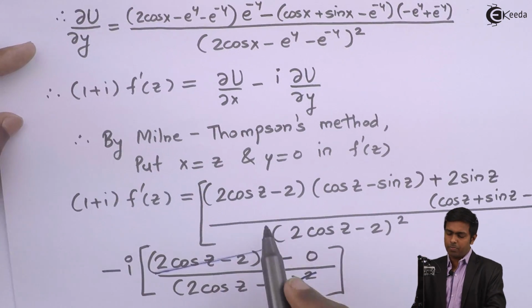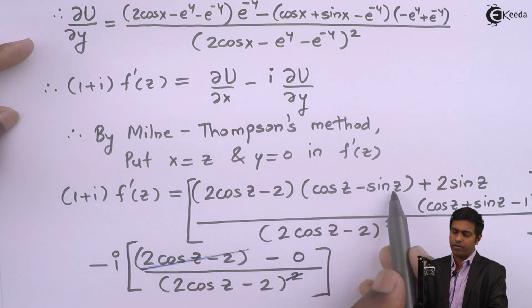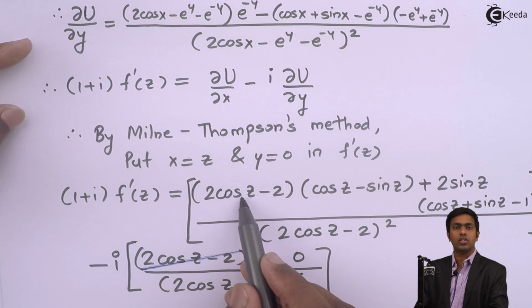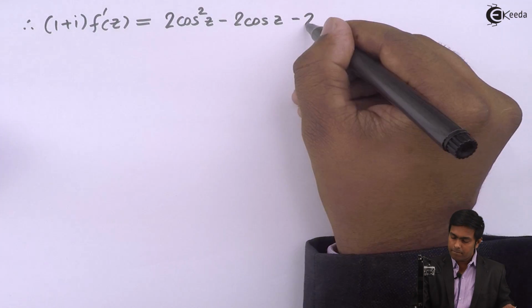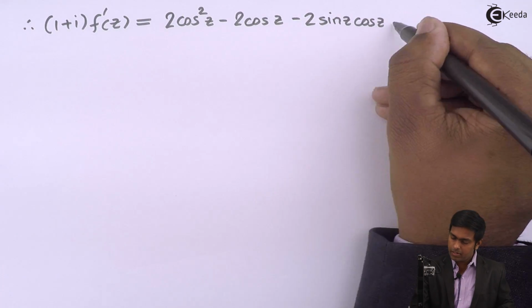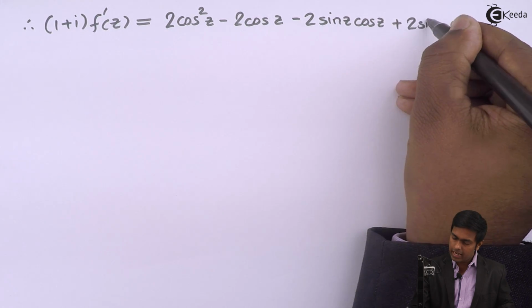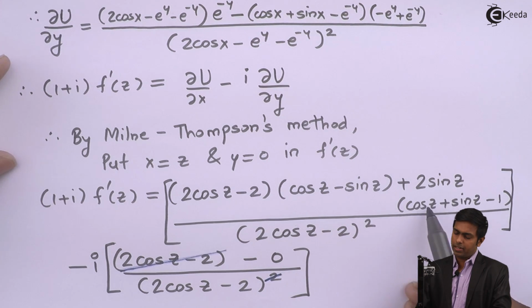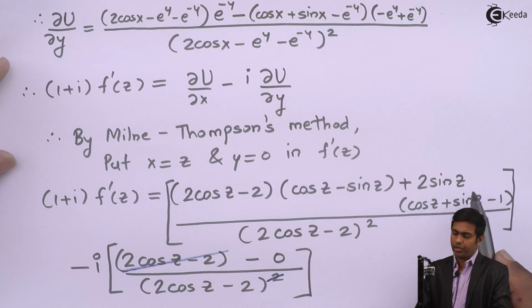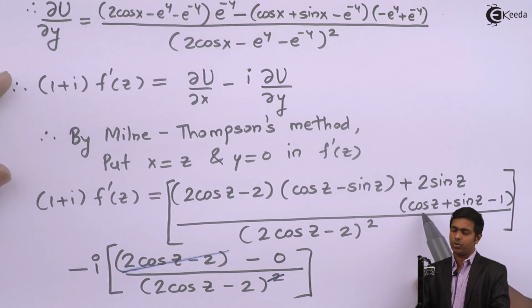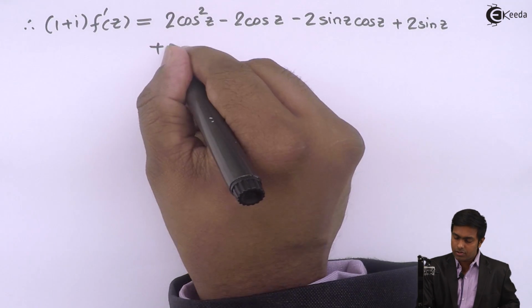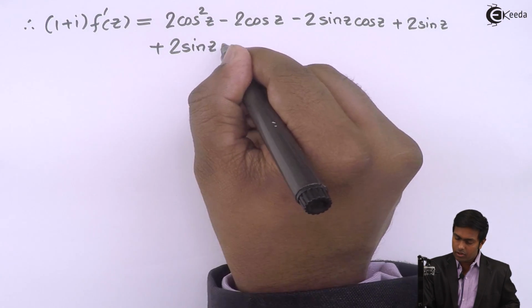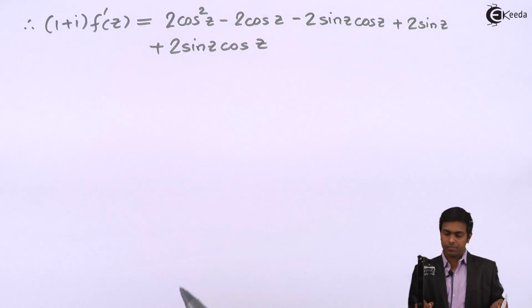Next we will multiply this bracket with minus sin z. So here we will get minus 2 sin z cos z plus 2 sin z. After that we will multiply this second bracket with 2 sin z. So 2 sin z into cos z, that is plus 2 sin z cos z.